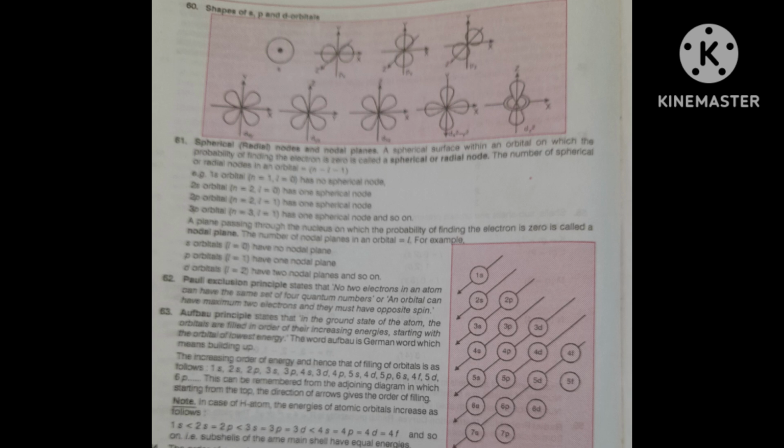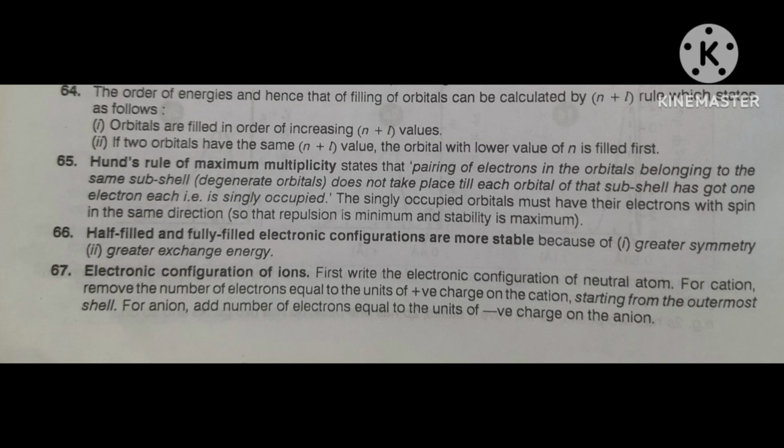The third row will start with 3d. All are d only: 3d, 4d, 5d, 6d. Then again go down one, f, only two are there, 4f and 5f. Don't write anything before, that is useless to write.